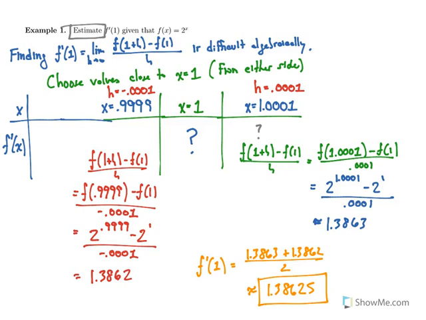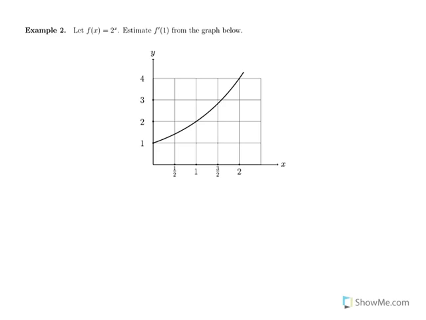All right, so next problem. Let's answer the same question. Find the derivative f prime of 1 of the function 2 to the x. This time we're going to use the graph of the function. In this case, we're going to look at the tangent line and try to find the slope of the tangent line. So here is the graph of 2 to the x, and we are concerned with the derivative at 1.